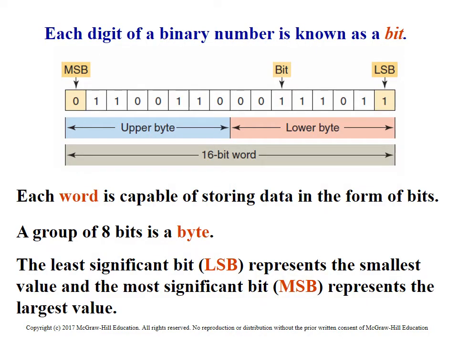So here's how we define a word. We'll have a lower byte, an upper byte, and a word. Typically nowadays, all of our processors will have a 32-bit word instead of a 16-bit word. We'll still have a lower byte and an upper byte, and typically a byte is 8 bits.